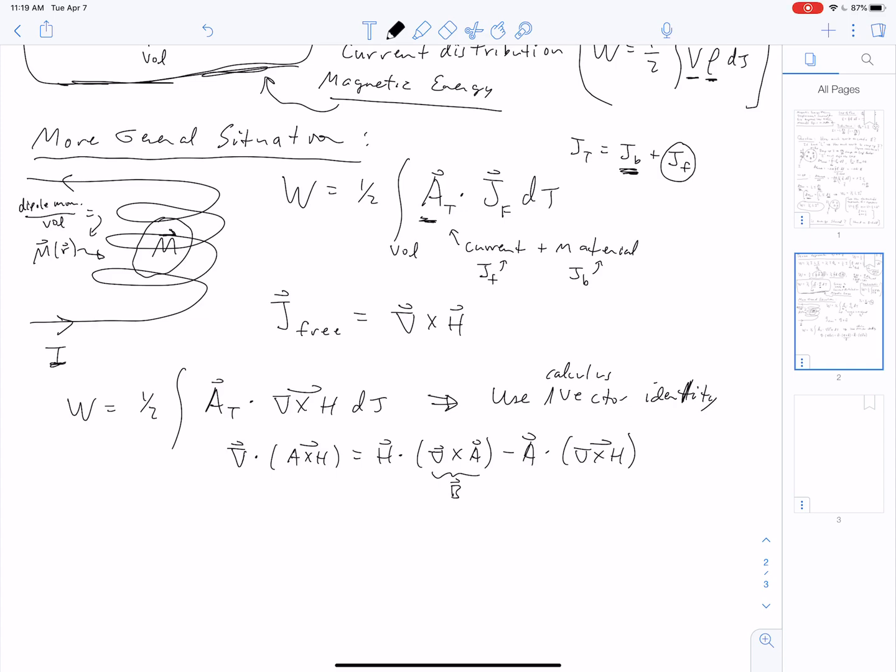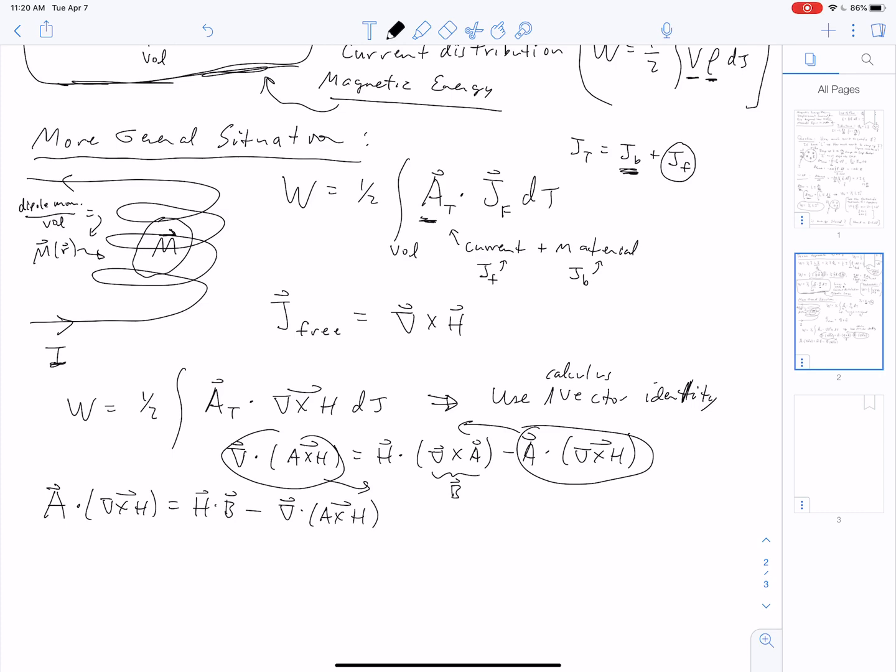And so then we can pull this over to the other side, and then we can pull this over to the other side, and then what we'll get is A dotted into del cross H is equal to H dot B minus del dot A cross H.